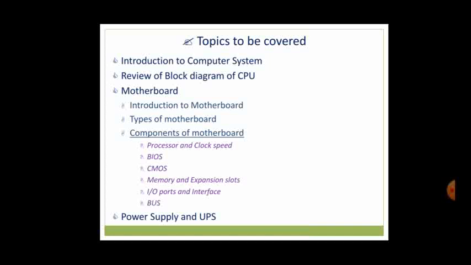They are SMPS and UPS. SMPS stands for switch mode power supply and UPS stands for uninterruptible power supply. In simple words, we can say UPS is nothing but an inverter battery which gives us power backup to the computer. Okay, now let us move to the first topic, that is introduction.